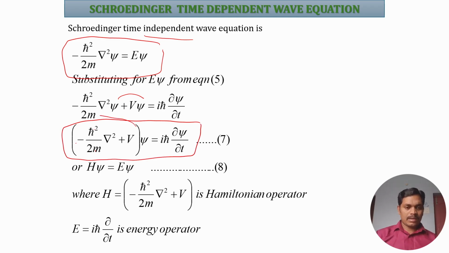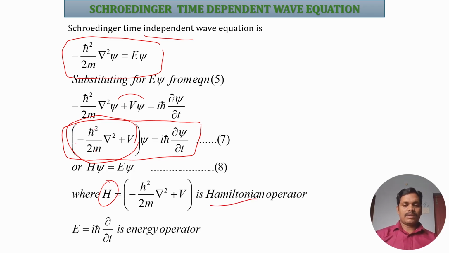And you can use a single term, like the Laplacian operator we have already introduced. So -ħ²/2m ∇² + V can be denoted as H, where H is the Hamiltonian operator.